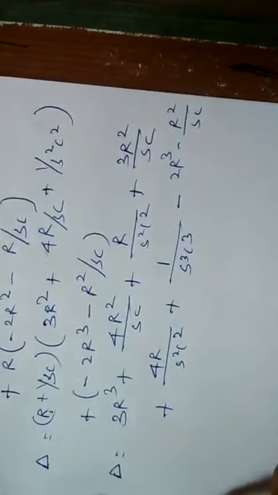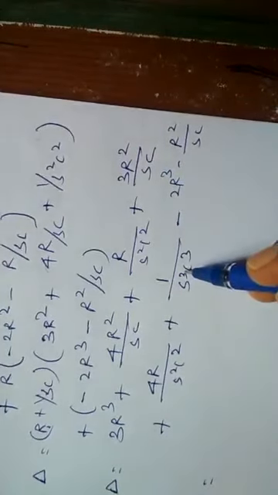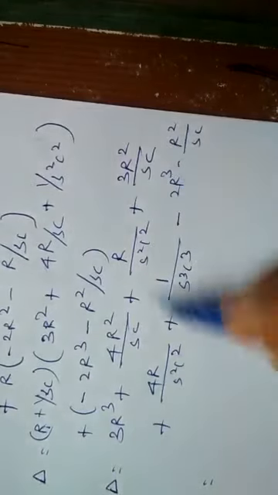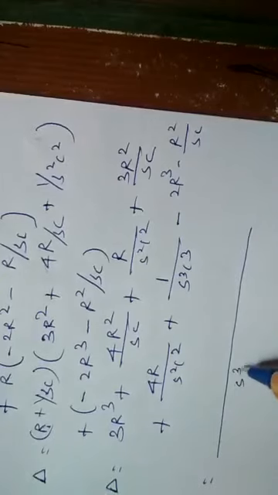So in this del equation, S cube C cube is the common and it is the biggest denominator for all these terms, so you have to take that as the common term in the denominator.